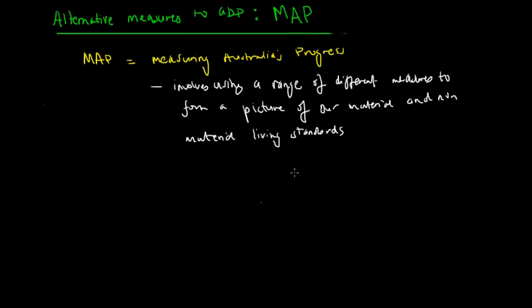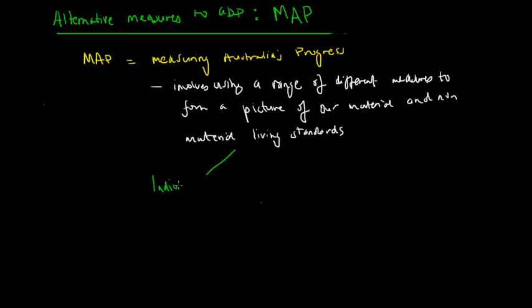So instead of having a single dollar figure, this publication actually produces 4 separate categories that summarize the concept of material and non-material living standards, and it allows us to make our own decisions concerning Australia's living standards. So let's split this up into the 4 different categories.